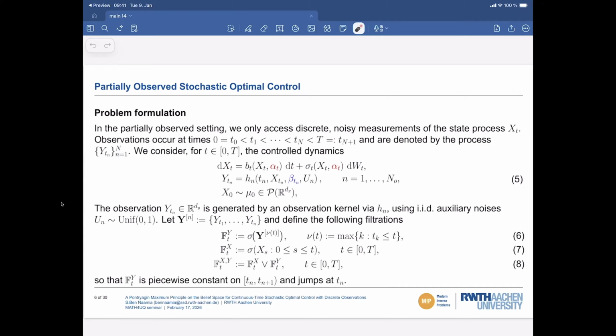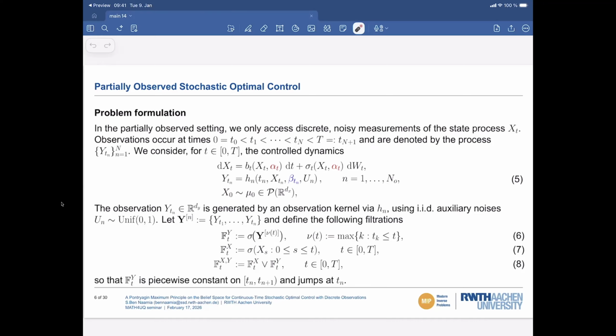You add some noise to it, and in our modeling we also add this beta, which one should think of as another control, which in our case is a discrete control. So the takeaway of this equation 5 is that you have these dynamics of a continuous process X that we are trying to control, which is the main idea, controlled by alpha, but you cannot observe it, yet you observe Y_{t_n} at discrete time points that will be a function of X, but distorted with some noise.